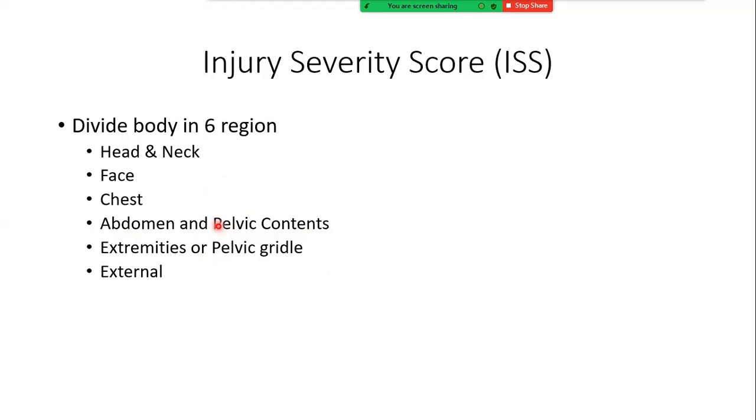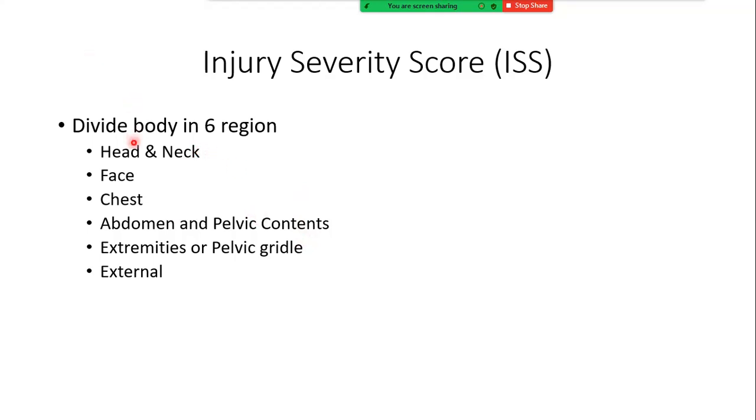But if we calculate the new injury severity score for this particular patient, his head injury has two severe injuries. One is the EDH, which has a score of 4. The second is the SDH, which has a score of 3. And his abdominal cavity injury is 3 and extremity injury is 2. So in the NISS, we will use scores of 4, 3, and 3.